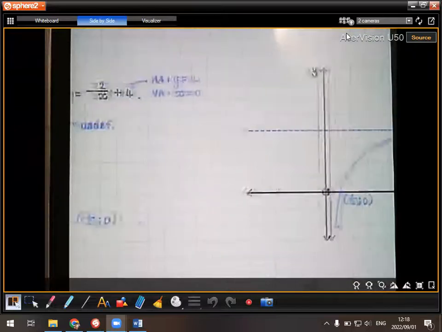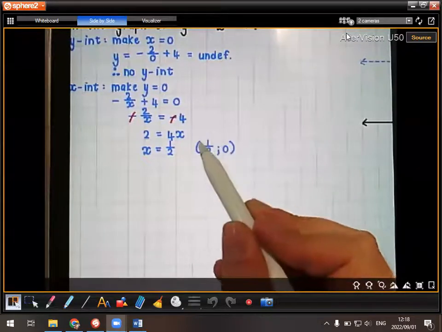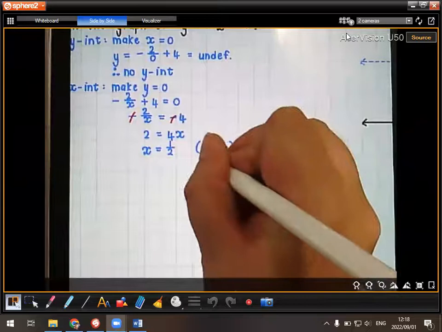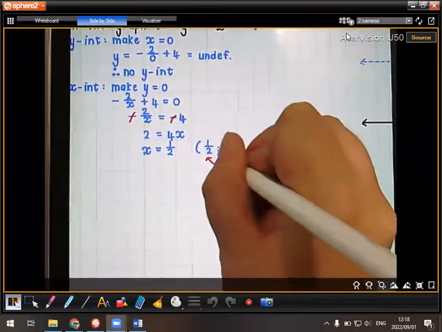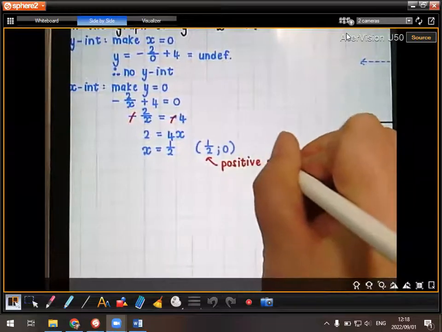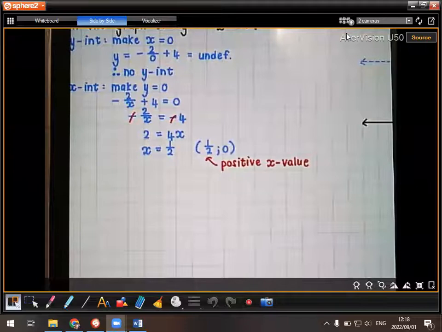So I'm going to make a note here, guys. My x-intercept, do we all agree that this is a positive x value? Positive a half, right? This is a positive x value. So because I have a positive x value, that is a positive point, right? The point of the positive x value. So then I have to sub in a negative x value to get a point on the other part of that graph.